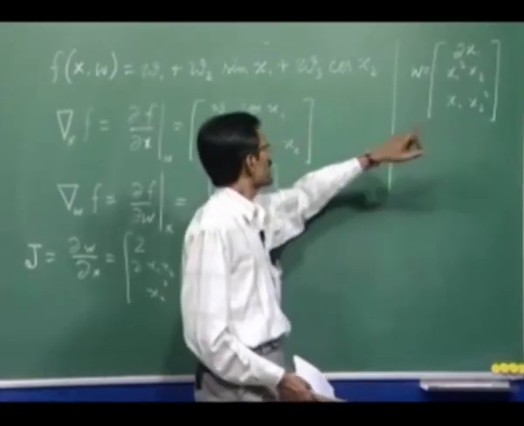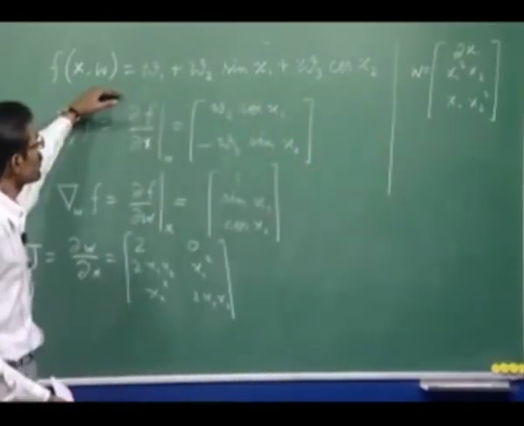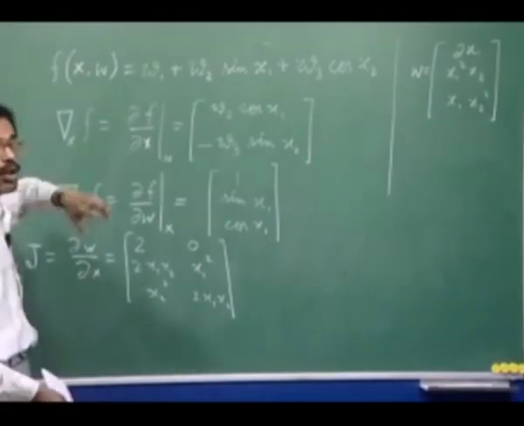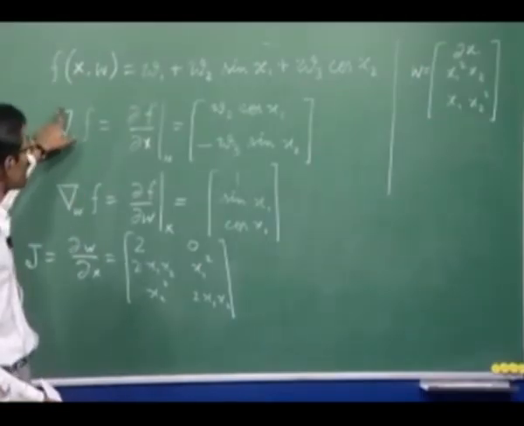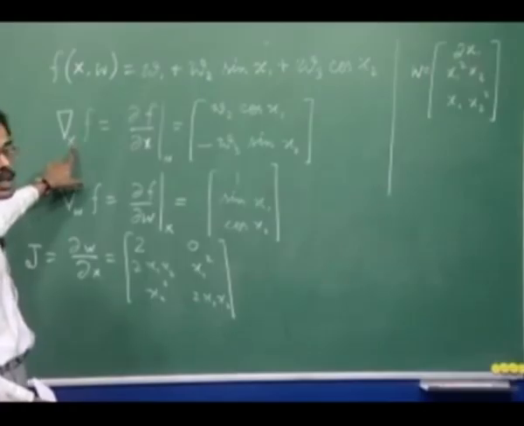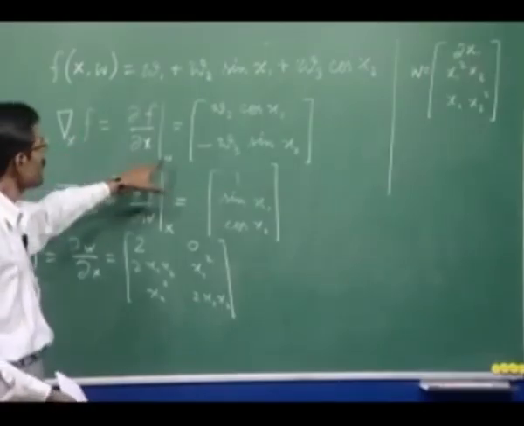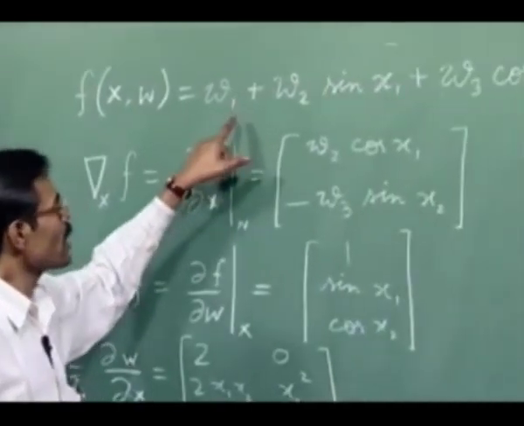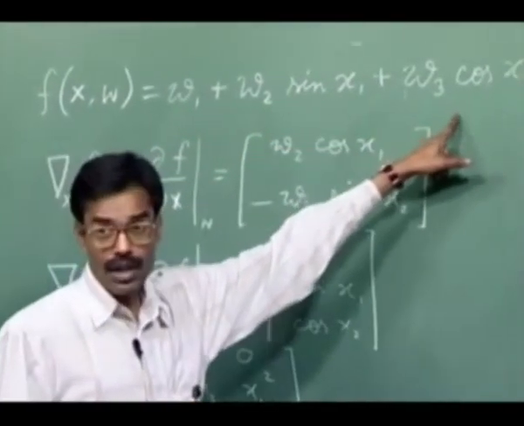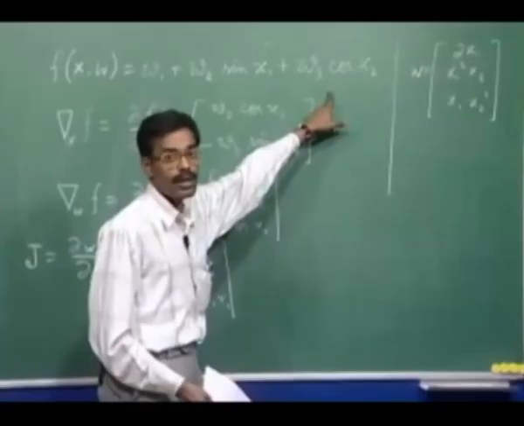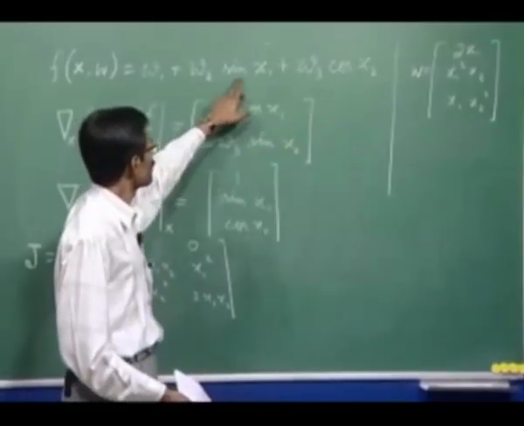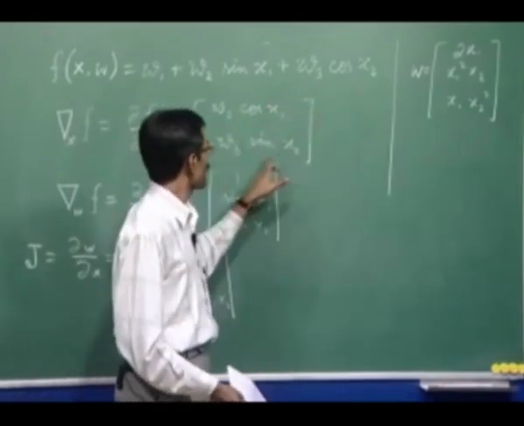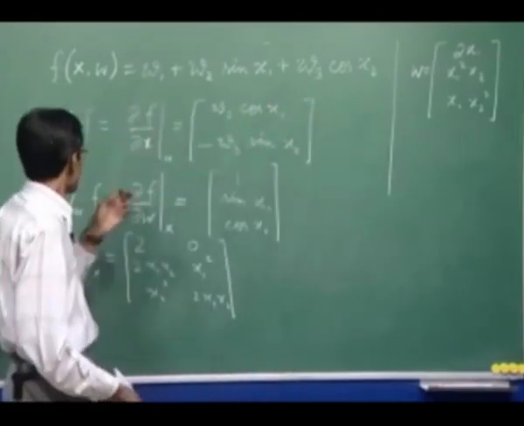If we want to find its gradient with respect to x, we can talk of two such gradients. One is the partial gradient with respect to x, evaluated keeping w constant. That gradient will be w2 cos x1 and then minus w3 sin x2, and that is it.